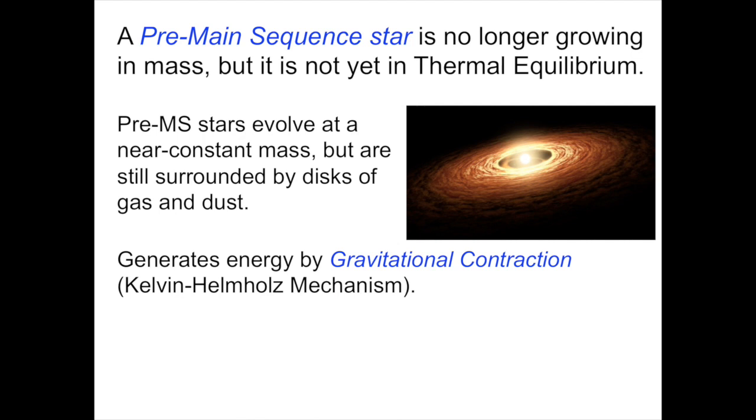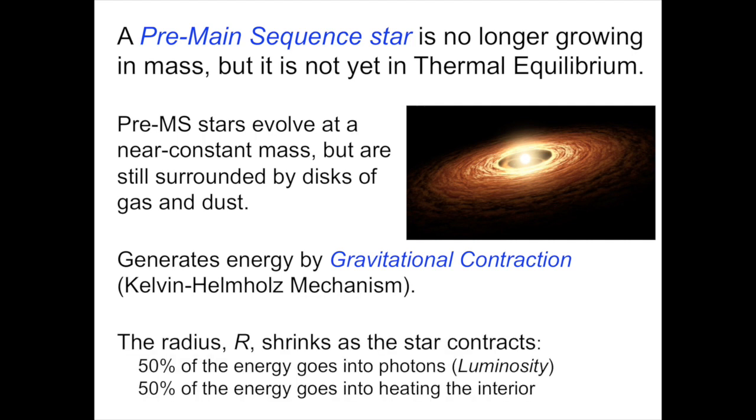So the pre-main sequence phase, because it's powered by Kelvin-Helmholtz, not surprisingly, we would expect to be relatively short-lived. As the radius of the star, r, shrinks as the star contracts, about 50% of the energy generated by the Kelvin-Helmholtz mechanism is going to go into photons, making up for the luminosity of the star, and the other 50% is going to go into making the interior of the star hotter.